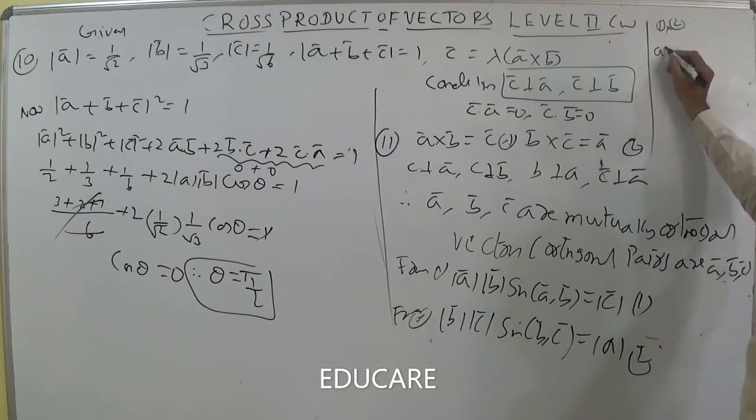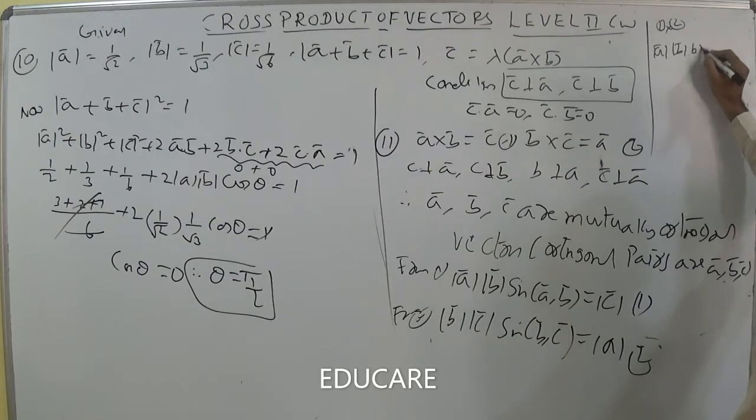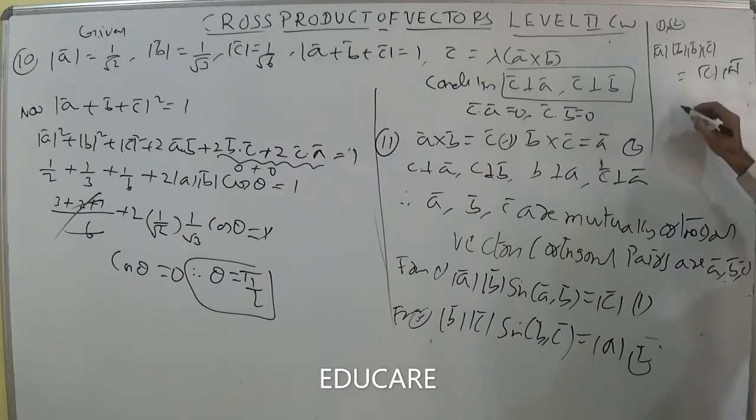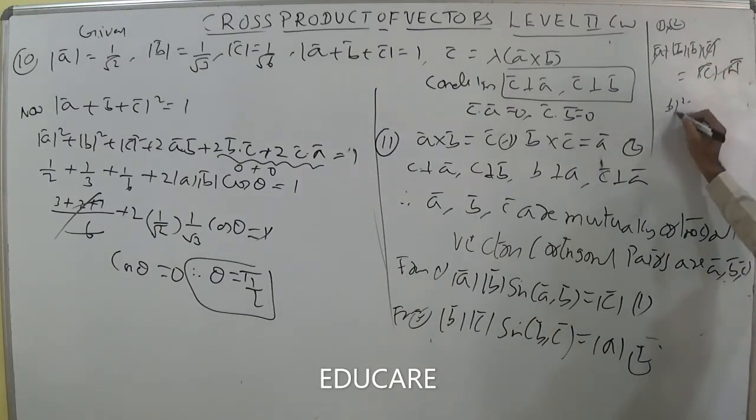So we can write here, whenever we multiply both sides, A bar dot B bar into B bar dot C bar is equal to C bar dot A bar. Here C gets cancelled, then you can say that modulus of B square equals 1, so mod B is equal to 1.